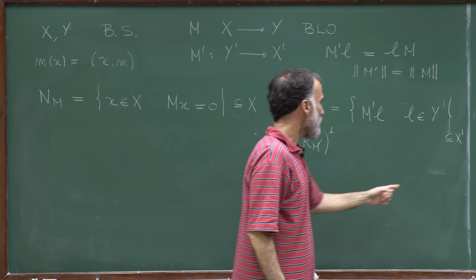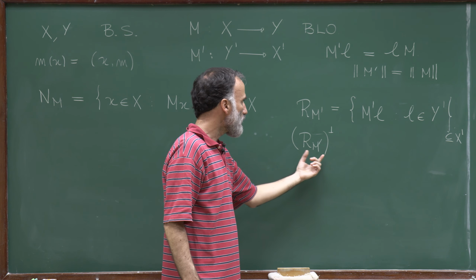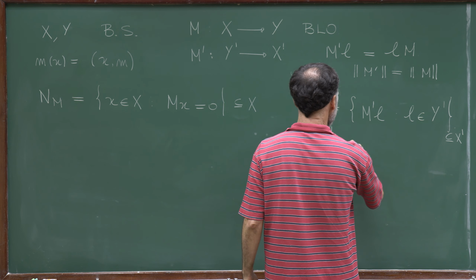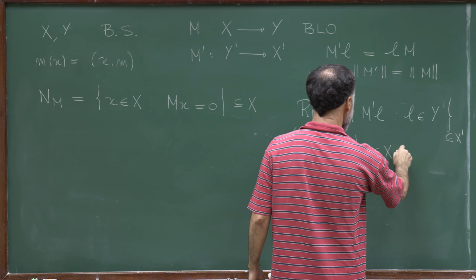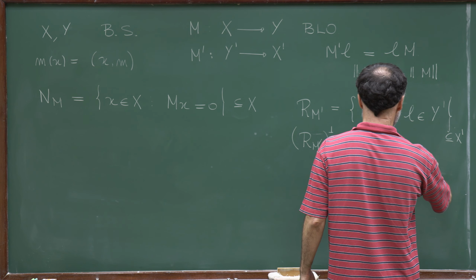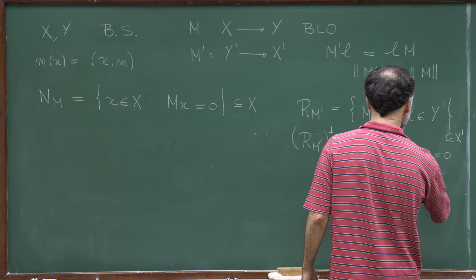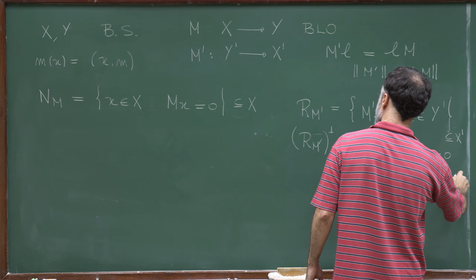And when I have a linear subspace of X prime, I will represent by the perp of this subspace the points x in X such that M of x is equal to 0 for all M in Rm prime.